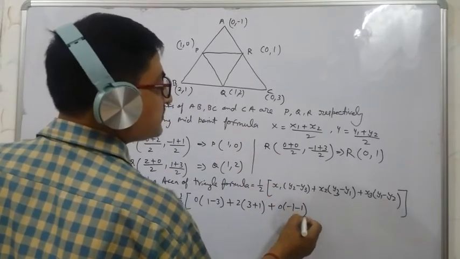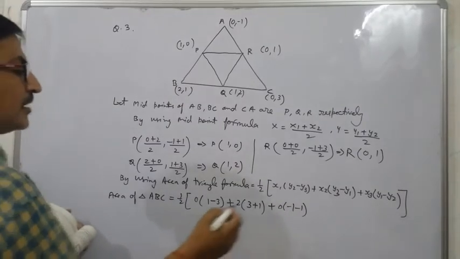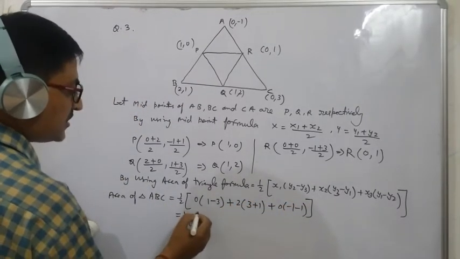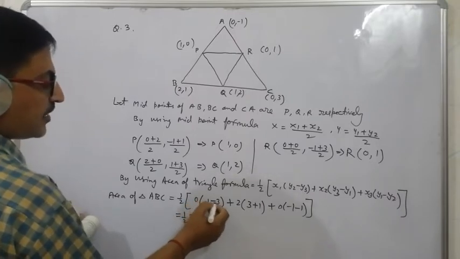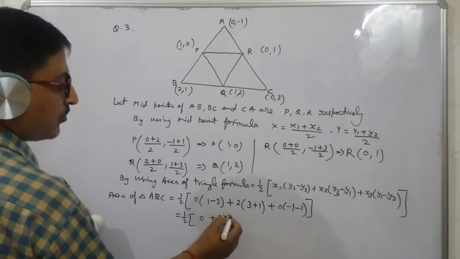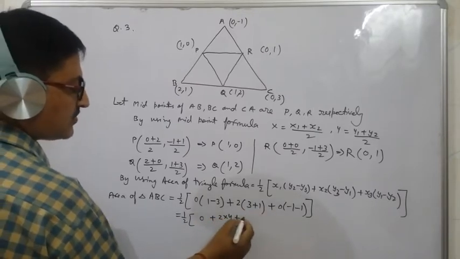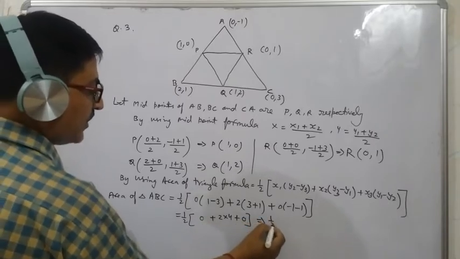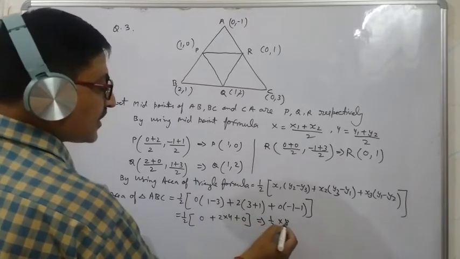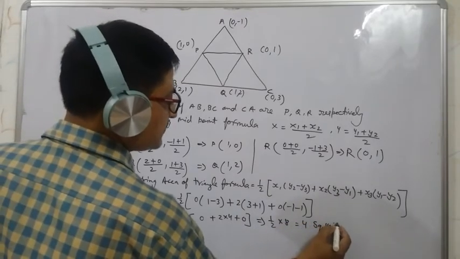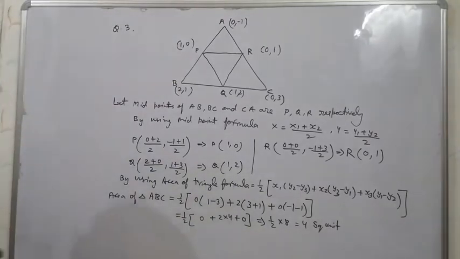Now see, students, that will be 1/2, and the first term is 0, because 0 multiplied by (1 minus 3) is 0, and then 2 into 4 plus 0, which is also 0. So that will be 1/2 into 8, that is 4 square units. We get the area of triangle ABC as 4 square units.